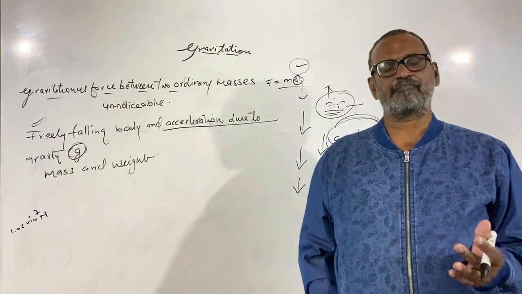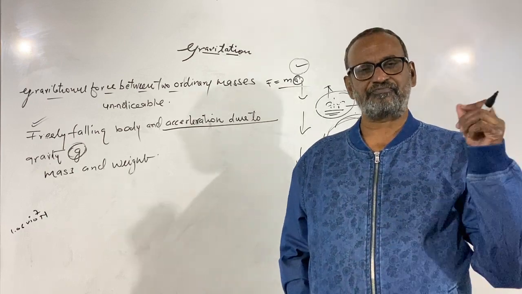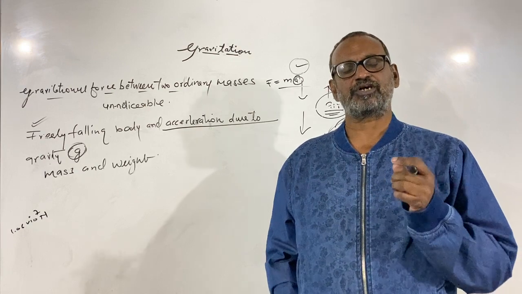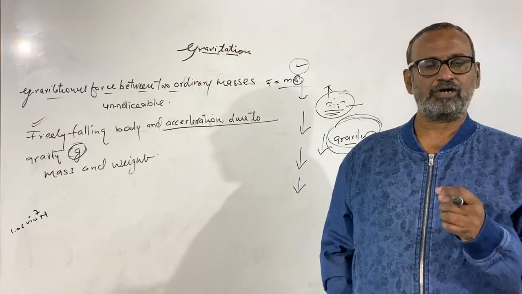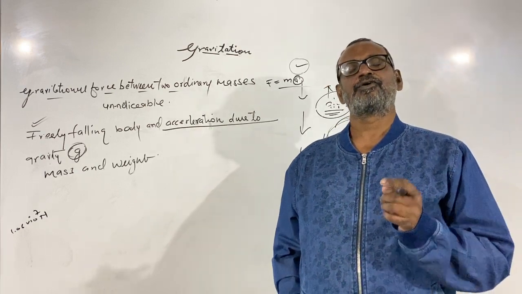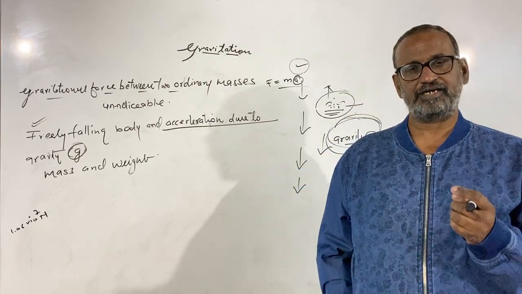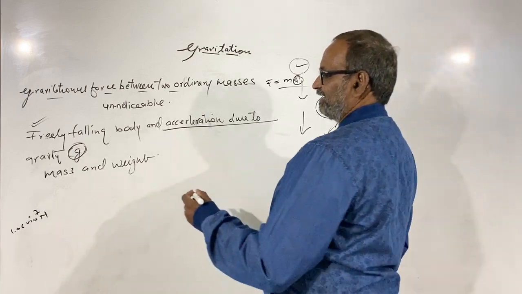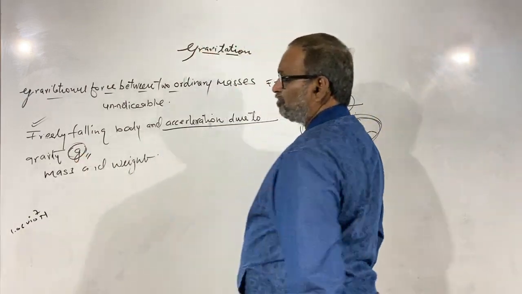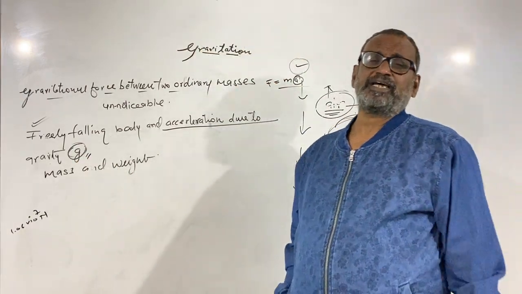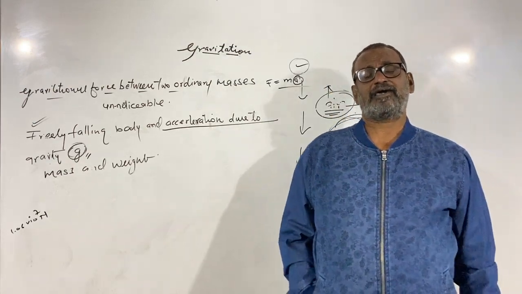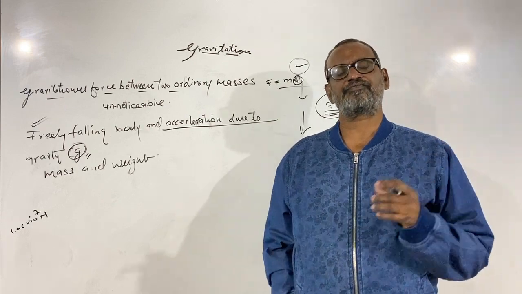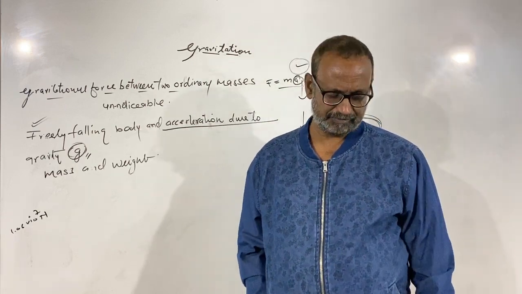The acceleration produced on a freely falling body due to the force of gravity is called acceleration due to gravity, and it is denoted by lowercase g. Today we shall calculate the average value of acceleration due to gravity on the surface of the earth.